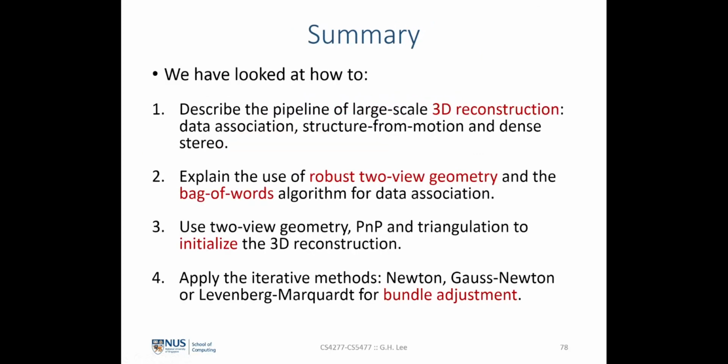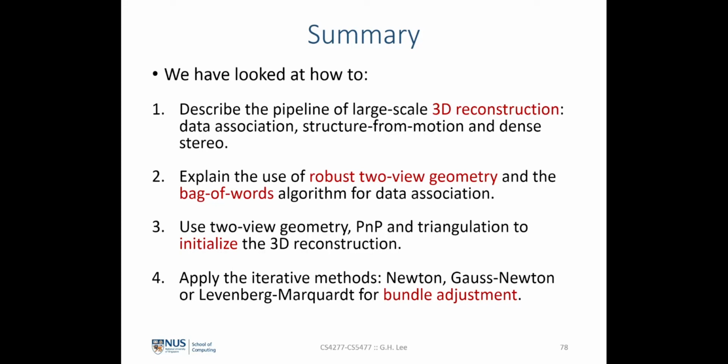As a summary, in today's lecture we looked at how to describe the pipeline of large-scale 3D reconstruction. In particular, we looked at data association and structure from motion. We'll leave dense stereo to next week's lecture. We looked at how to do data association using robust two-view geometry as well as the bag-of-words algorithm.